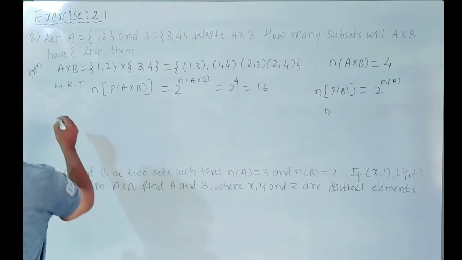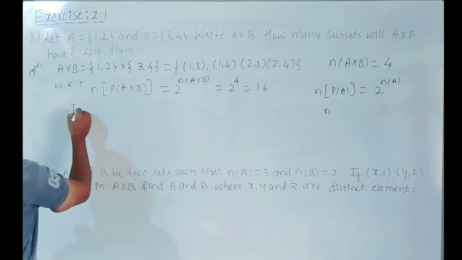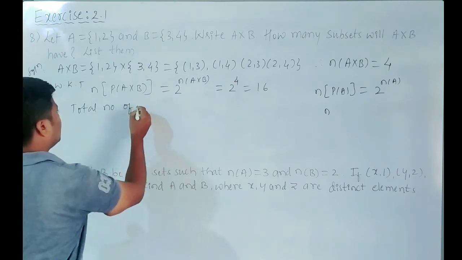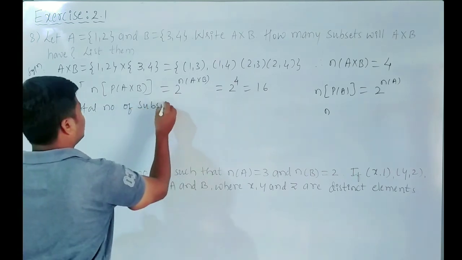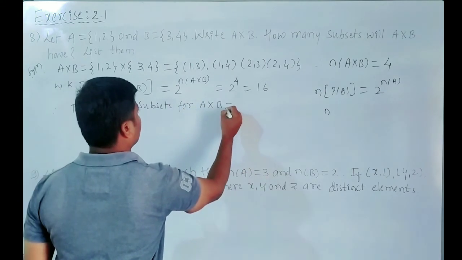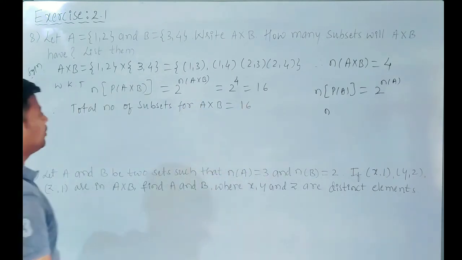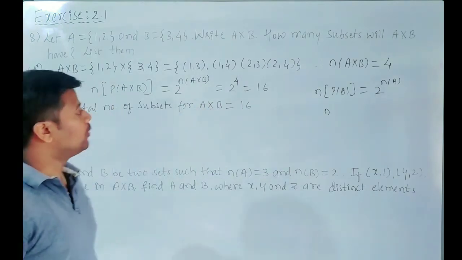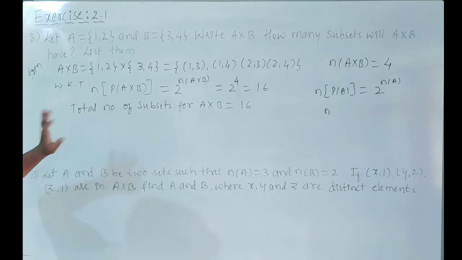Therefore, the total number of subsets for A cross B equals 16. Total number of subsets for the Cartesian product of A and B equals 16, and we have to list out those 16 subsets.